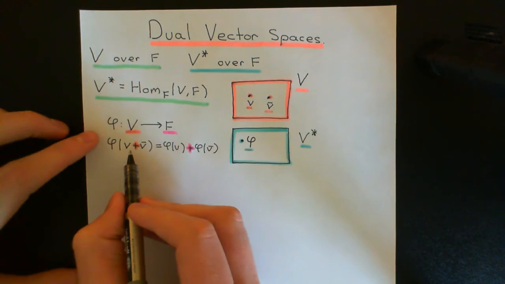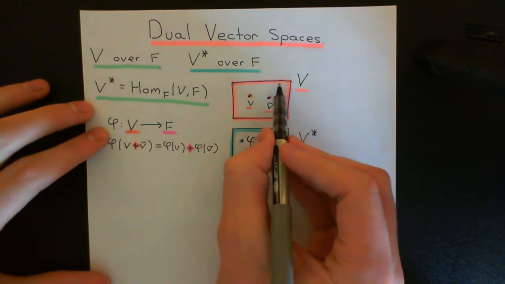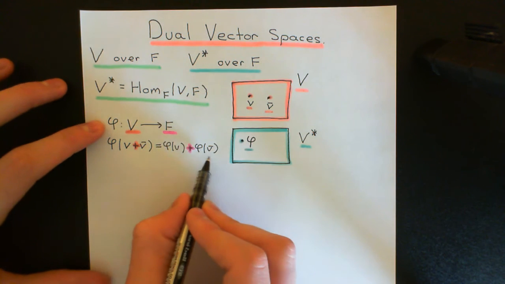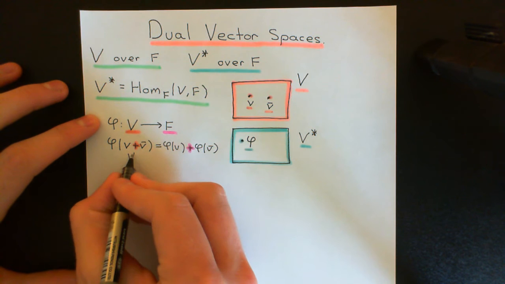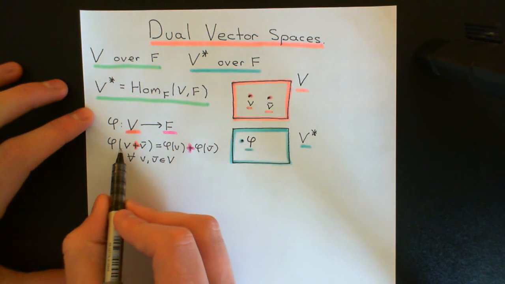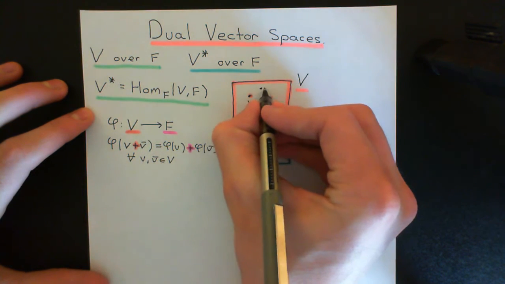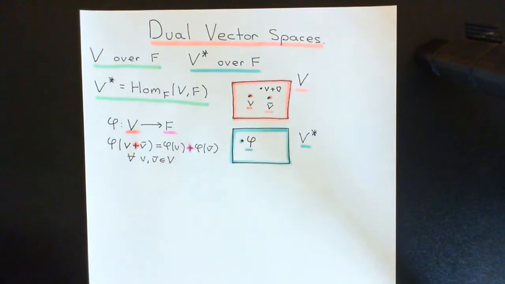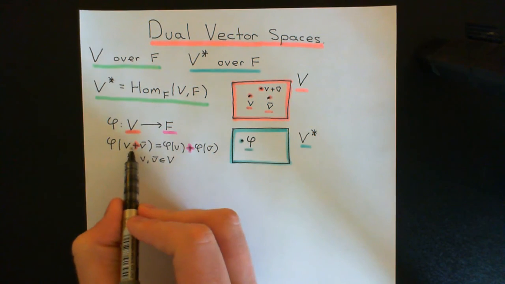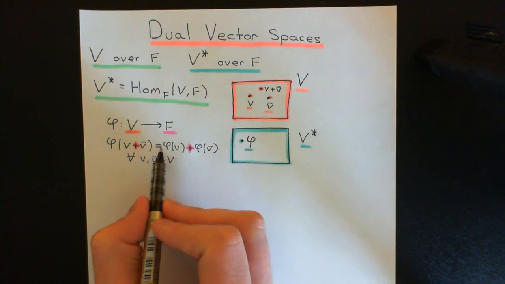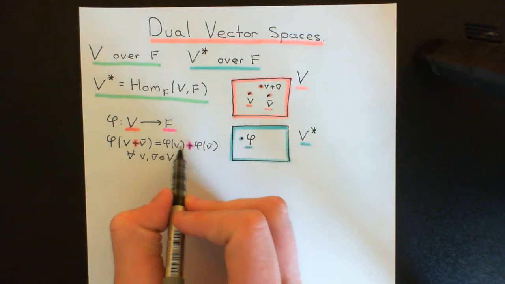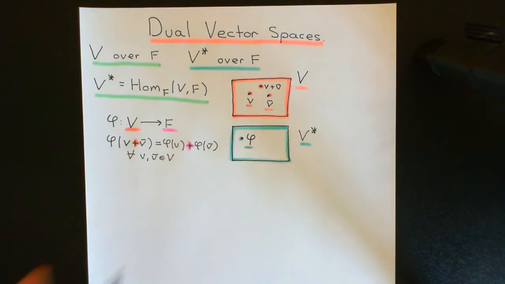Okay, so this map here, phi, will map all the elements of the vector space onto elements in the field. And one of the criteria it must obey is that for all V and V bar that you can possibly pick from your vector space, it must be the case that if you consider phi of V plus V bar, and V plus V bar will be some other vector in the vector space over here, if you consider what that will be mapped onto by phi in the field, that must be the same as if you firstly map V into the field, then map V bar into the field, and then add the two of them together using the field algebraic structure.